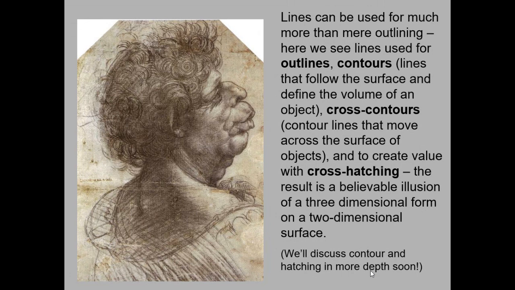In this drawing, you can see that he uses lines to some extent the way that Keith Haring did. You can see, especially along the nose, that there's very clearly an outline at that point. But in this case, he actually uses the lines to do a lot more than just show you the outside edges. If you follow some of the creases or folds of the skin, there's some naturally forming lines.